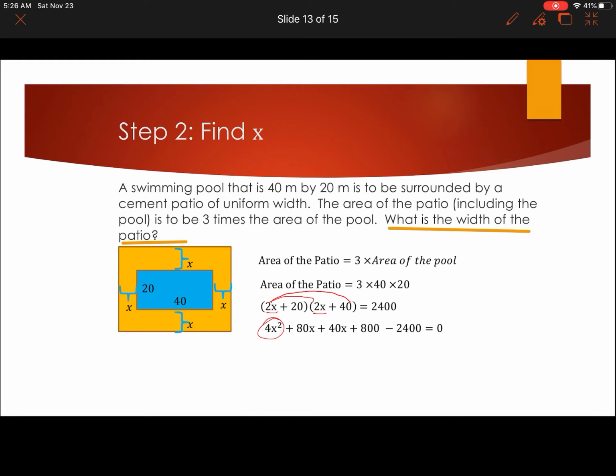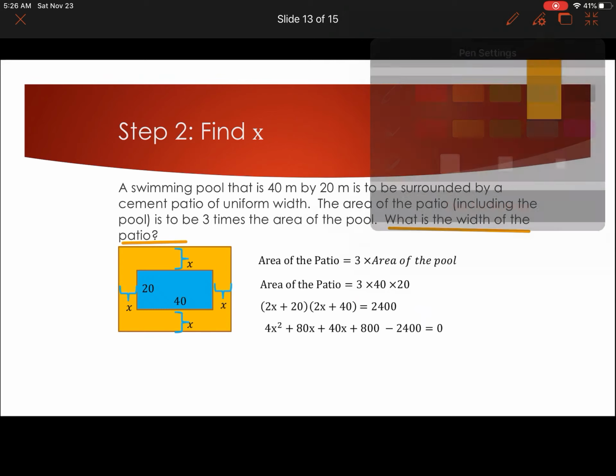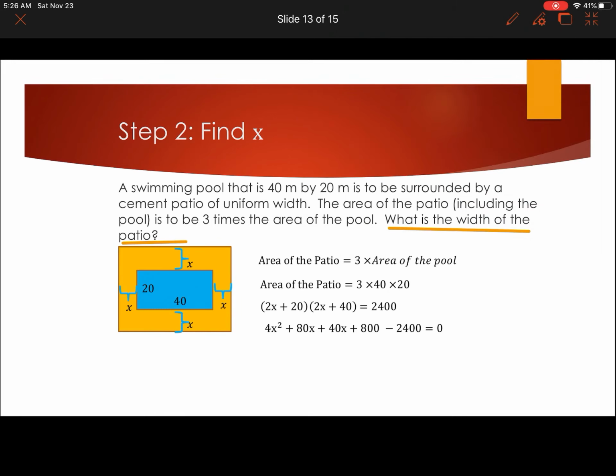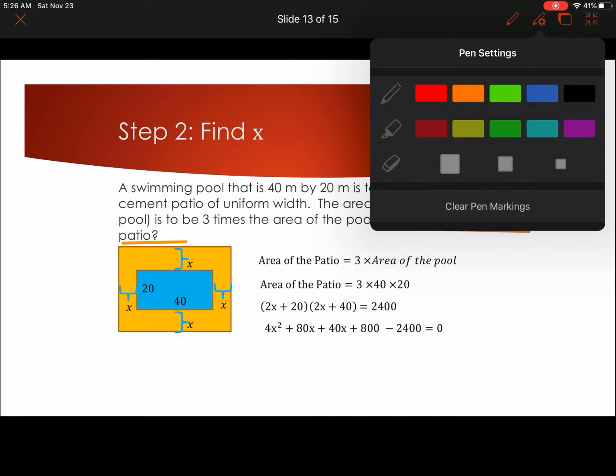The first term is 2 times 2x, which is 4x squared. 2x times 40 is 80x. 20 times 2x is 40x. And 20 times 40 is 800. With this minus 2400, we brought this over to the other side, and that's equal to 0. So now we can solve a quadratic equation that's equal to 0.